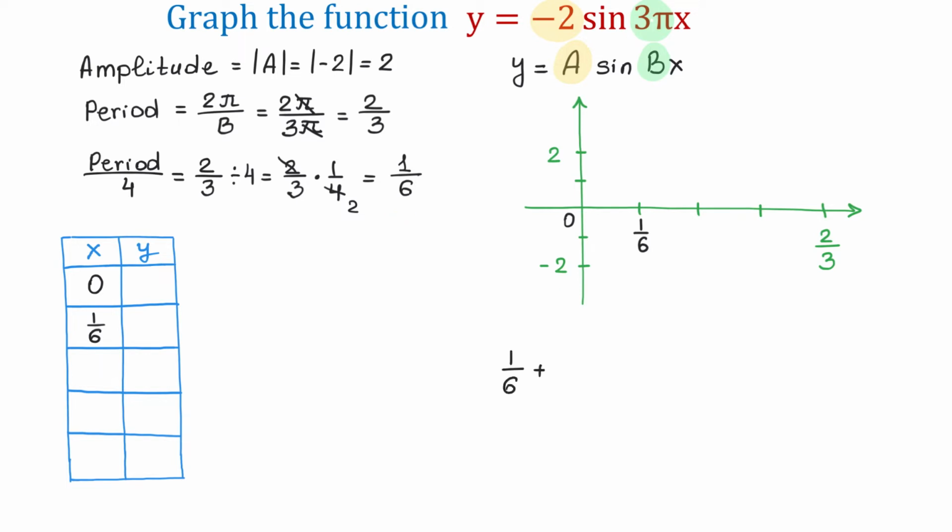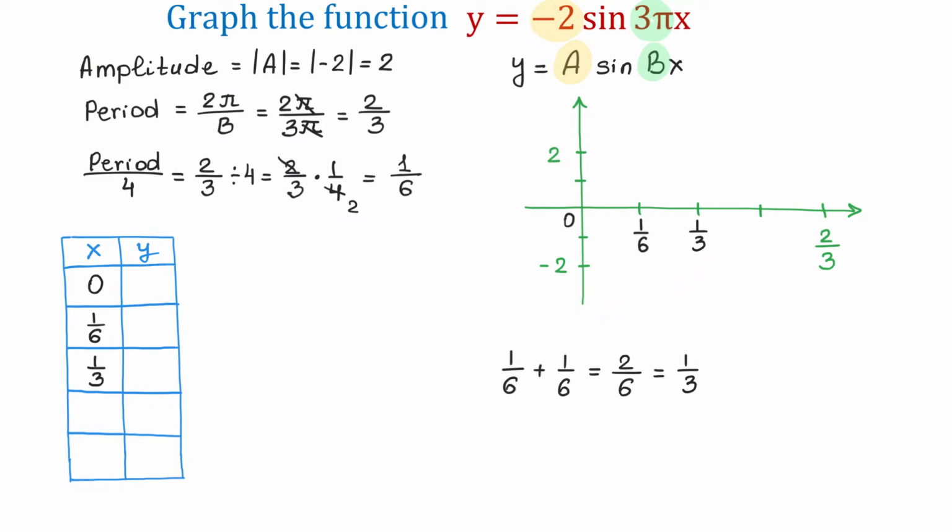To get the next x-coordinate, we take the previous value and we add a quarter period. 1/6 plus another 1/6 is 2/6. Then if we divide the numerator and the denominator by 2, we will get 1/3. So then the next x-coordinate is 1/3, and we will add it to the table as well. And now to find the next value, we will take 1/3 and we will add 1/6.